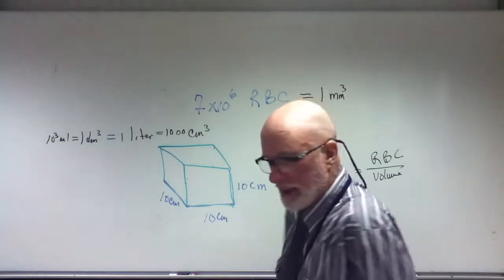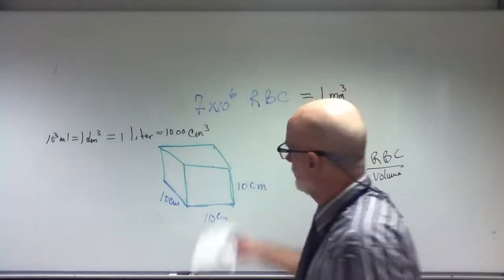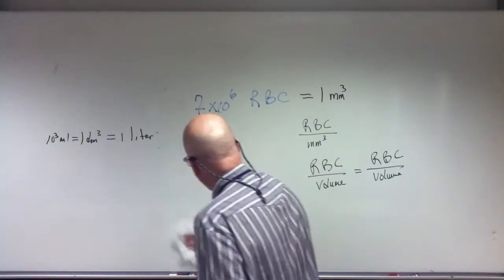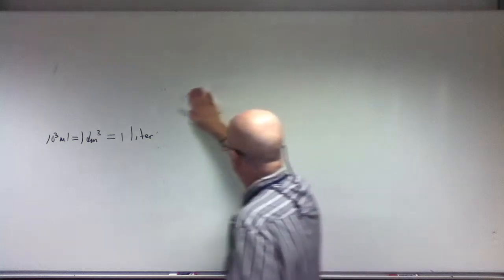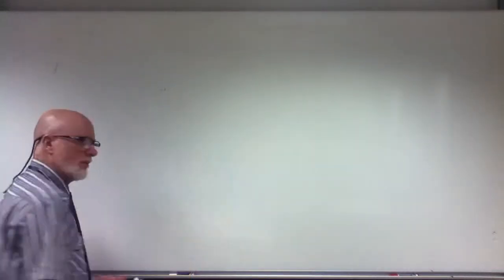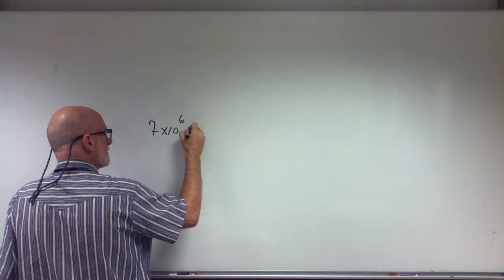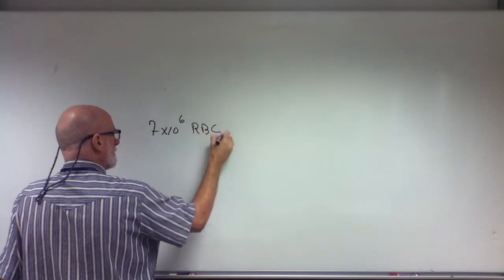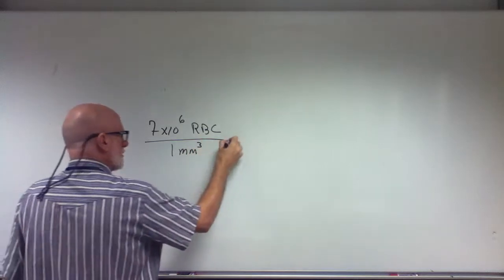So what I'm going to do is get rid of this, and write the ratio down that I was given: 7 times 10 to the 6th red blood cells per 1 millimeter cubed.